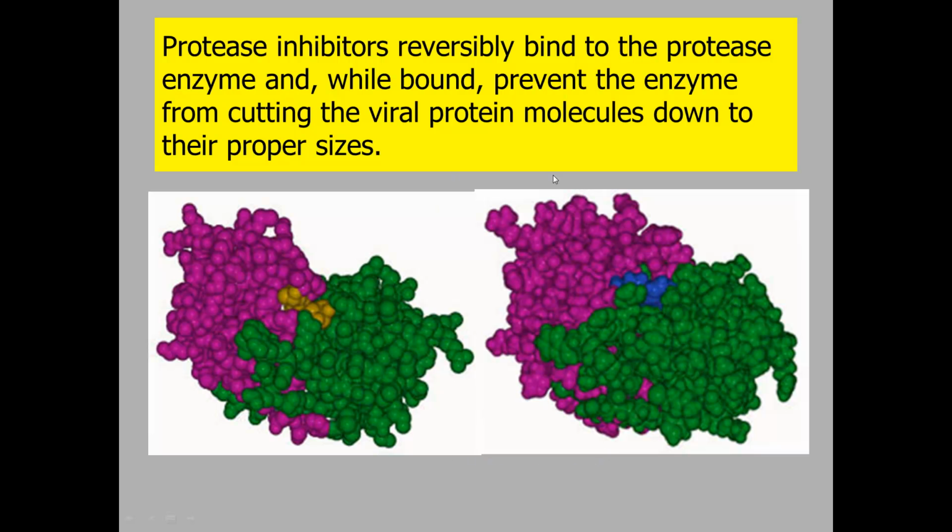Protease inhibitors irreversibly bind to the protease enzyme, and while they're bound, they prevent the enzyme from cutting the viral protein molecules down to their proper sizes. So this little cleft here is where a protease would bind a protease inhibitor.